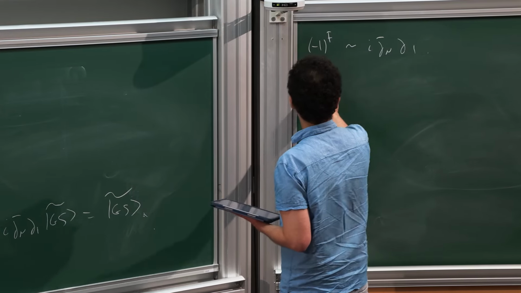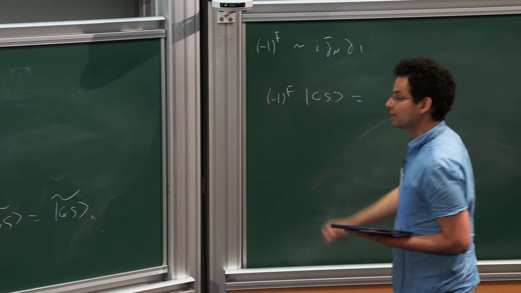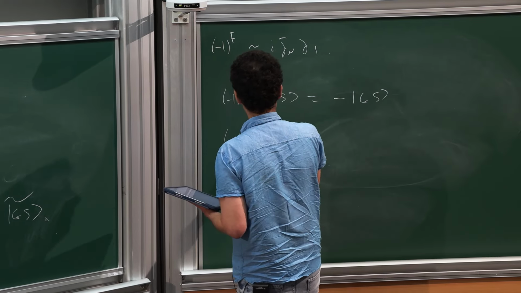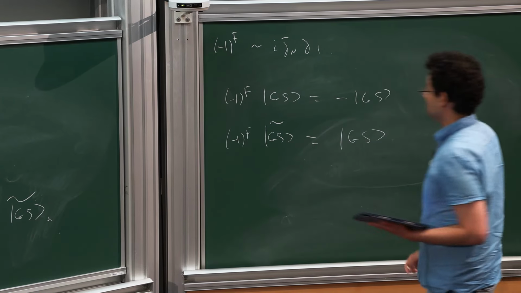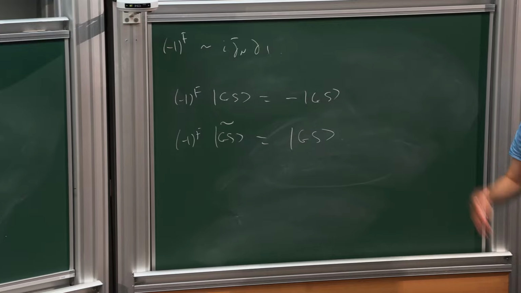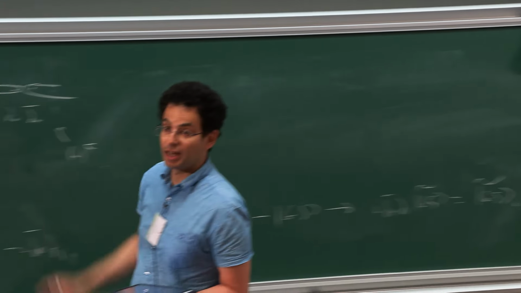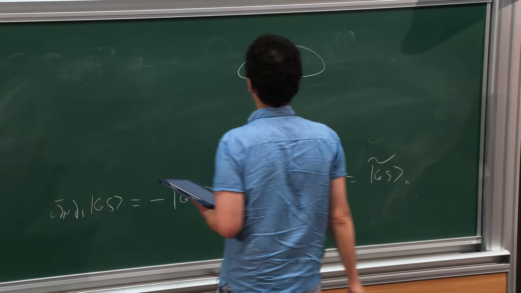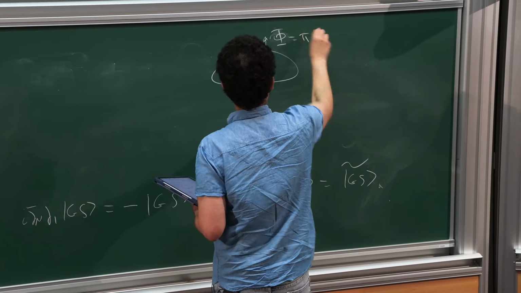So -1 to the fermion parity on the ground state of the untwisted Hamiltonian gives me -1, and -1 to the f on the ground state of the twisted Hamiltonian gives me +1. So the fermion parity switches. Right? So this is a nice diagnostic of the Kitaev chain, which doesn't involve actually opening up the boundary, just involves threading, if you wish, a pi flux through this closed ring.